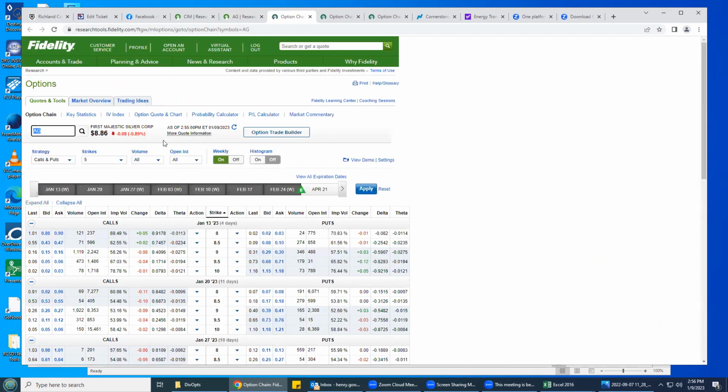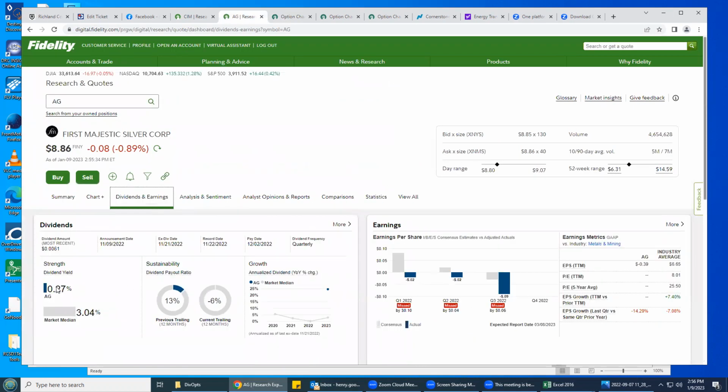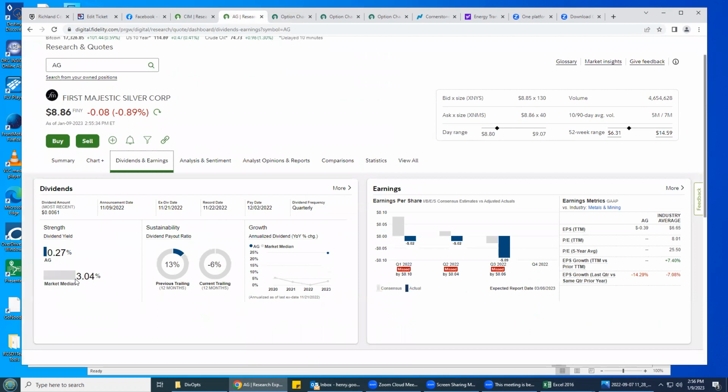Why didn't the dividend come up? This stock pays that 3% dividend of 0.27. It only pays 0.27 in dividends.